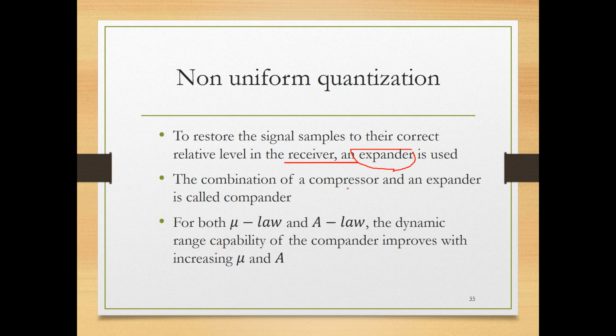The combination of a compressor and an expander is called a compander. For both mu-law and A-law, the dynamic range capability of the compander improves with increasing mu and A. We saw this in the figure, yes? The compression and decompression improves when you increase mu or A.